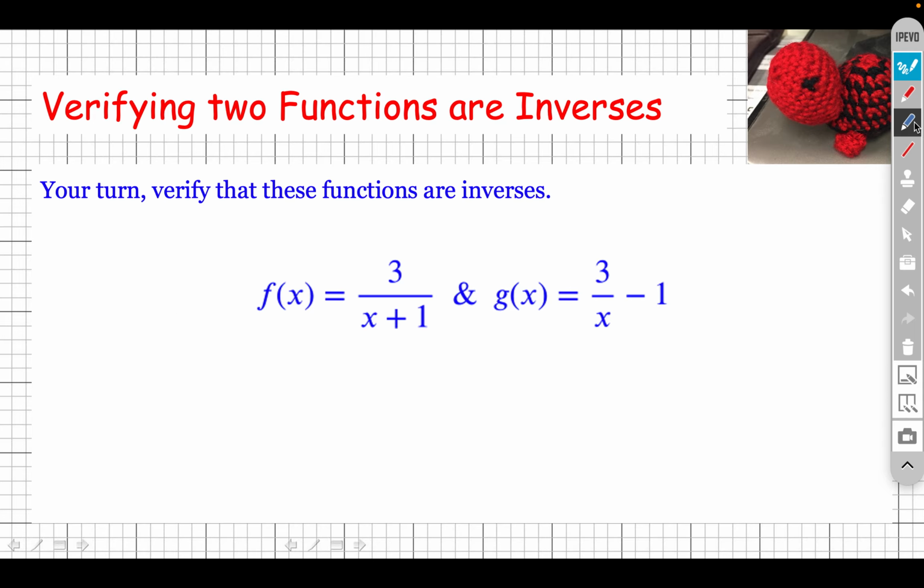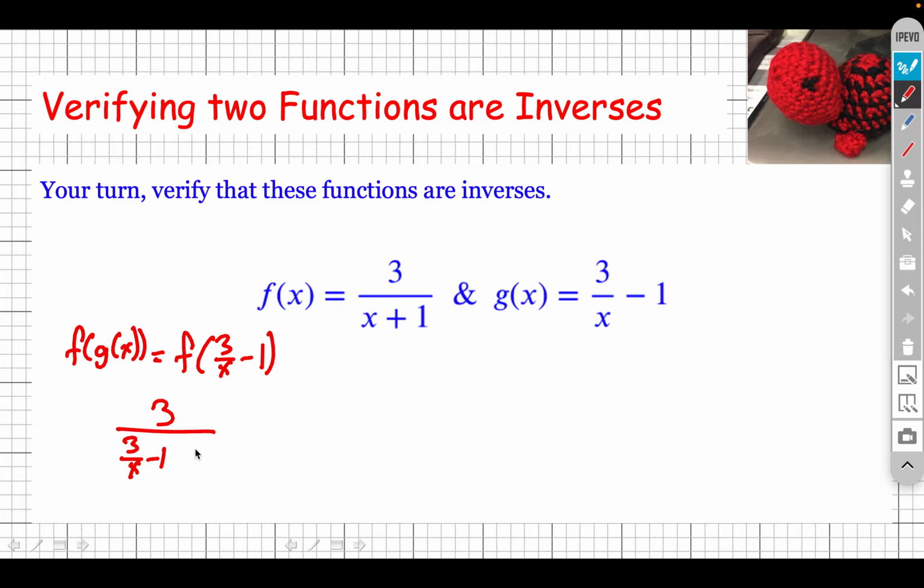So first we have to do our f of g of x. So that's going to be f of 3 over x minus 1. So f is going to be 3 over x, so 3 over x minus 1, plus 1.